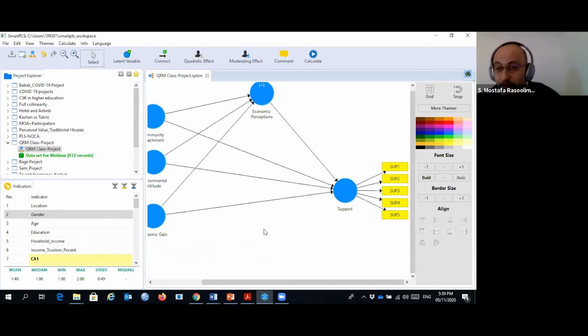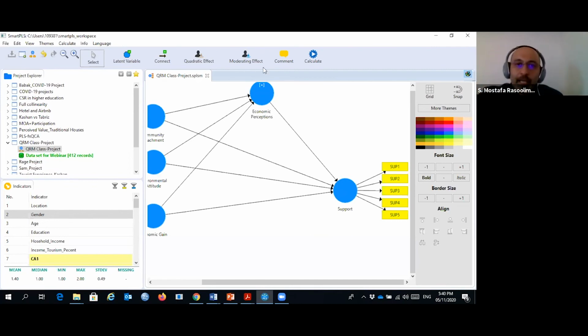Here we have relationships, 1, 2, 3 here, and 3 here. So we have 7 relationships, 7 effects here. And we also have 3 indirect effects, right? 3 indirect. So we have 10 effects. If you want to use interaction effects, it is almost not possible. So it's better to apply multi-group analysis.